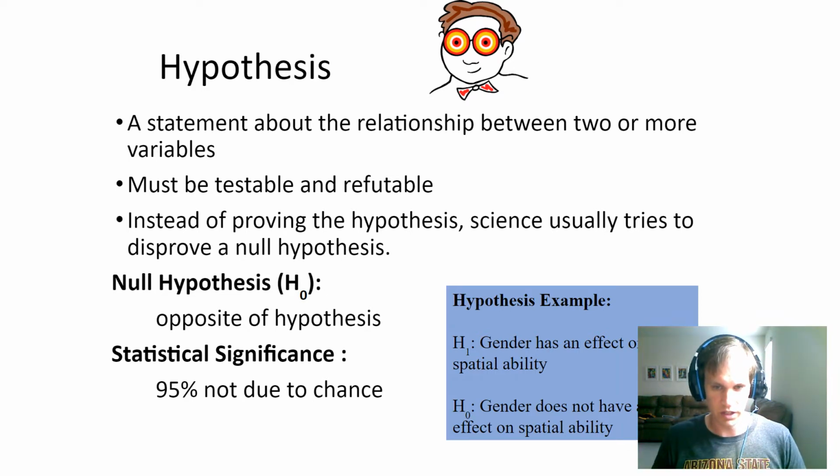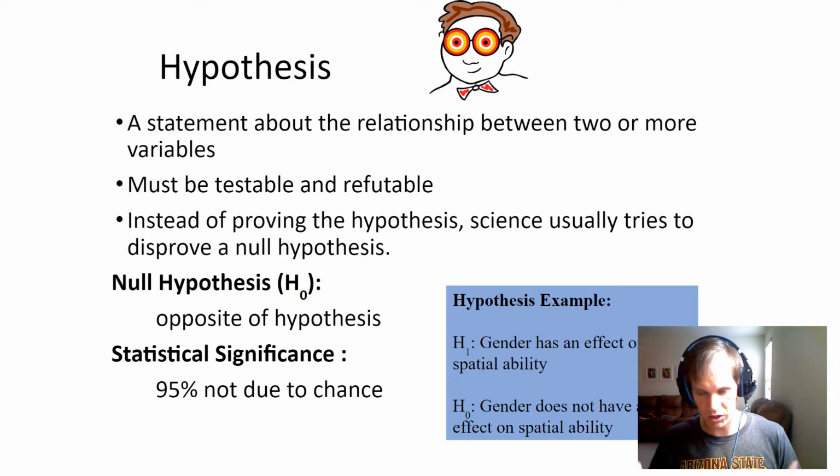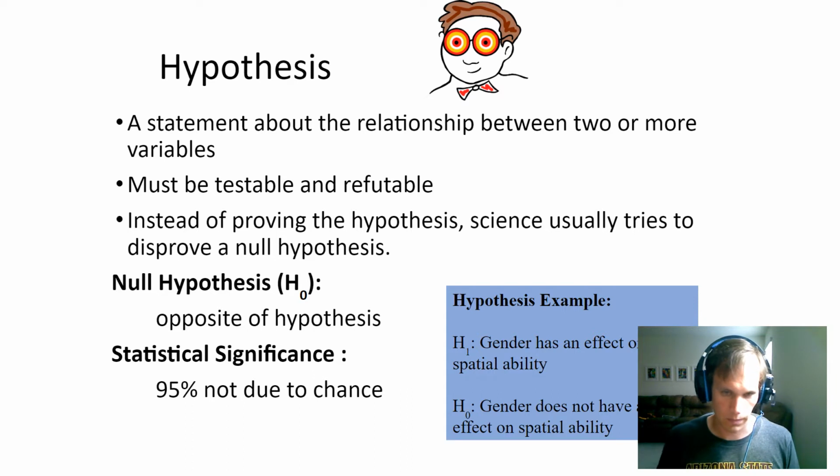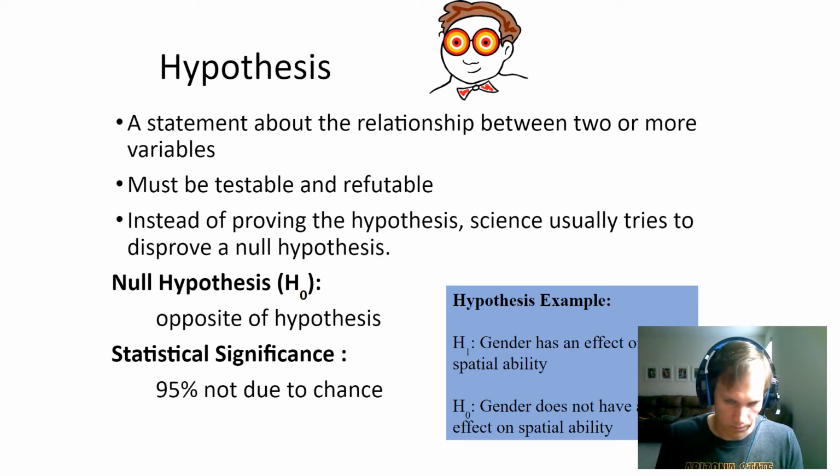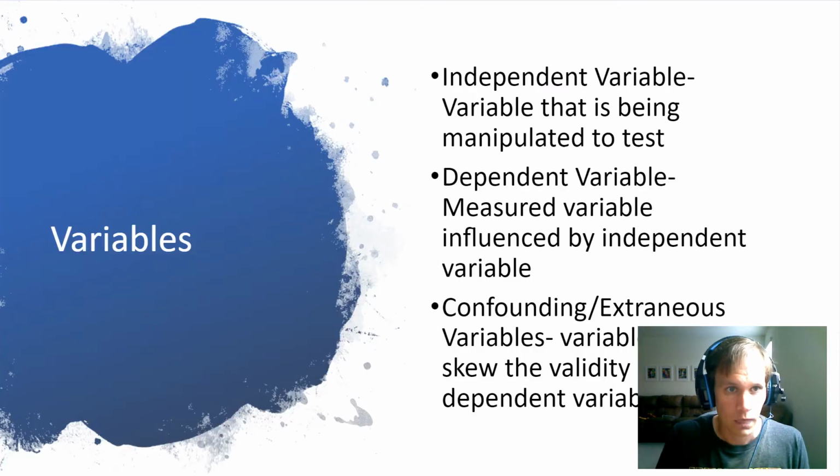Statistical significance only says this data is actually testing what I want it to test, that the data I got from the experiment came not by chance, but because of the manipulation of the independent variable. That's what's causing this change in data, if there is one.